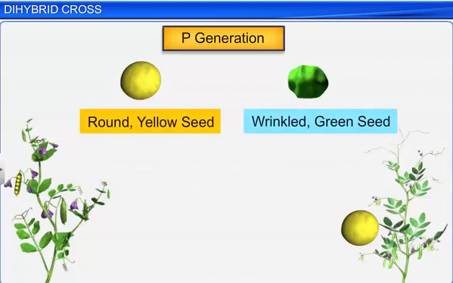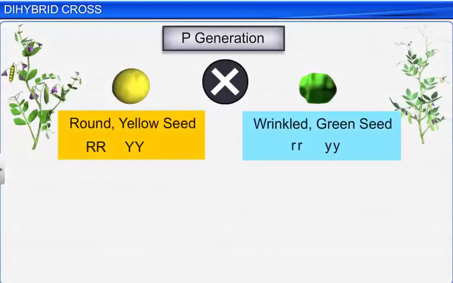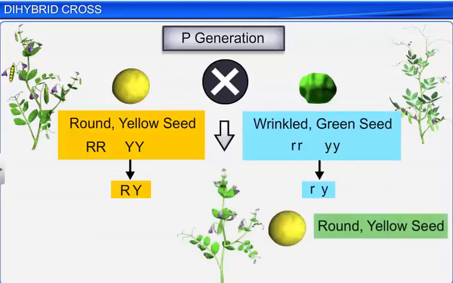The genotype of the parents can therefore be denoted as capital R, capital R, capital Y, capital Y, and small r, small r, small y, small y. On crossing the plants, the gametes capital R, capital Y and small r, small y unite to produce yellow and round seeds with the genotype capital R, small r, capital Y, small y in the F1 generation.